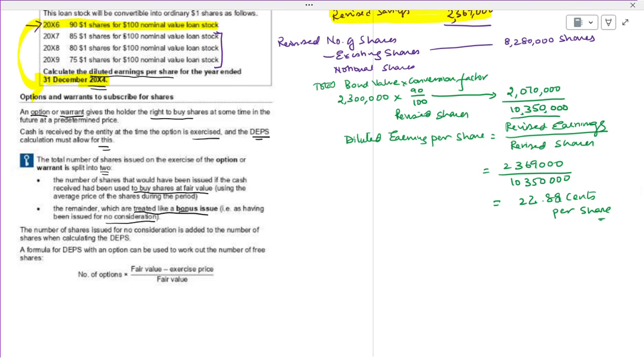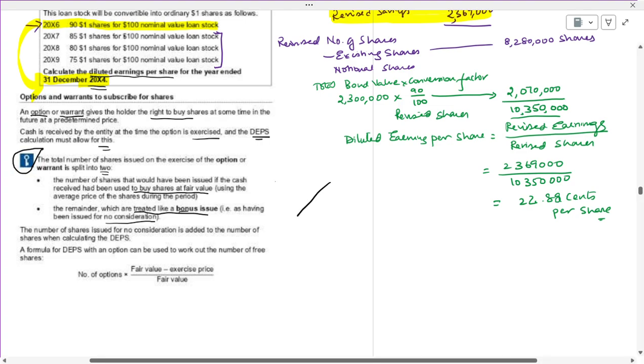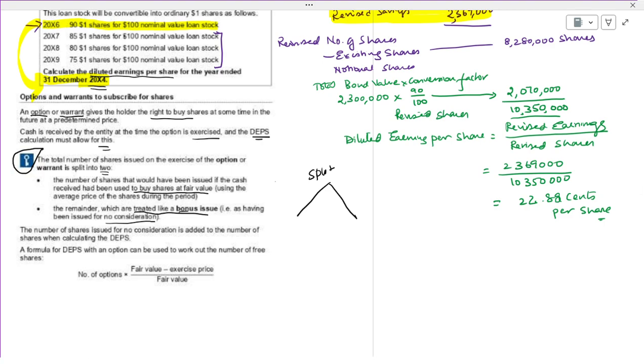Again I will repeat, this is the key point. The total number of shares issued on the exercise of the option or warrant will be split into two. The number of shares that would be issued if cash received is used to buy shares at fair value.